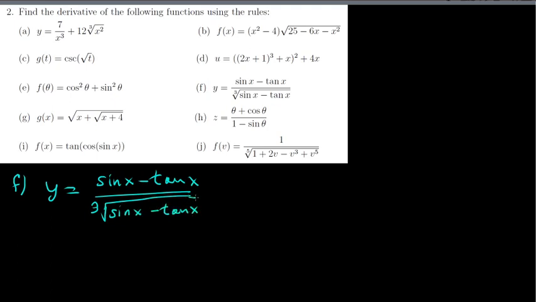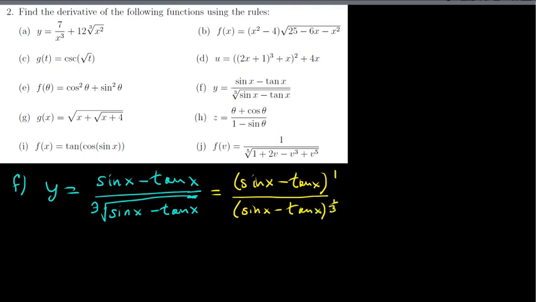So this looks like a quotient rule problem, but it really isn't, right? So before we take the derivative, notice the numerator is sine x minus tangent x to the power 1, and the denominator is really sine x minus tangent x to the power 1/3.